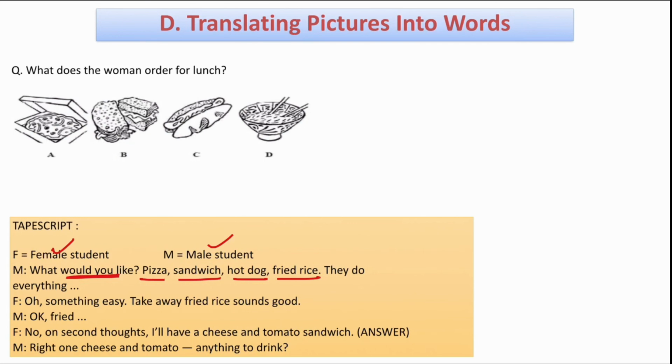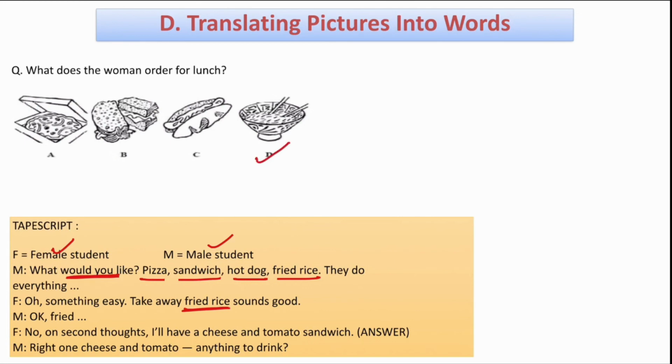So in that case, first you can see that you have translated the pictures into words, from which you can make yourself clear that the audio is actually matching up with your prediction. Then you check that the female student first of all says that she wants fried rice. So you would directly mark D option as your correct answer.